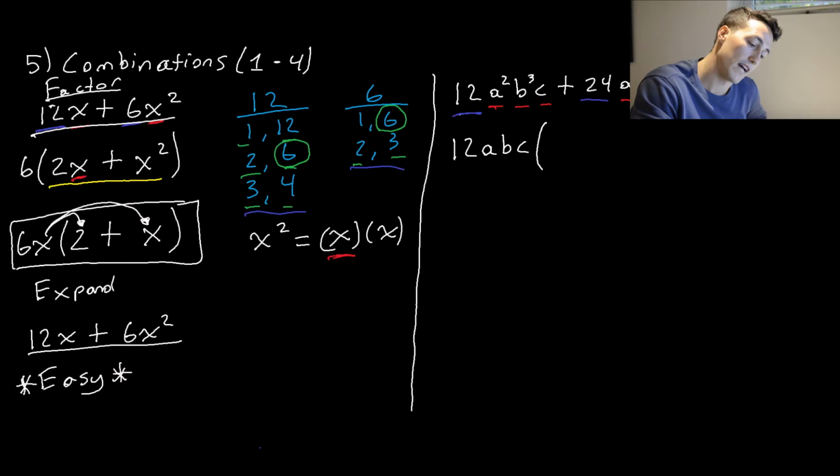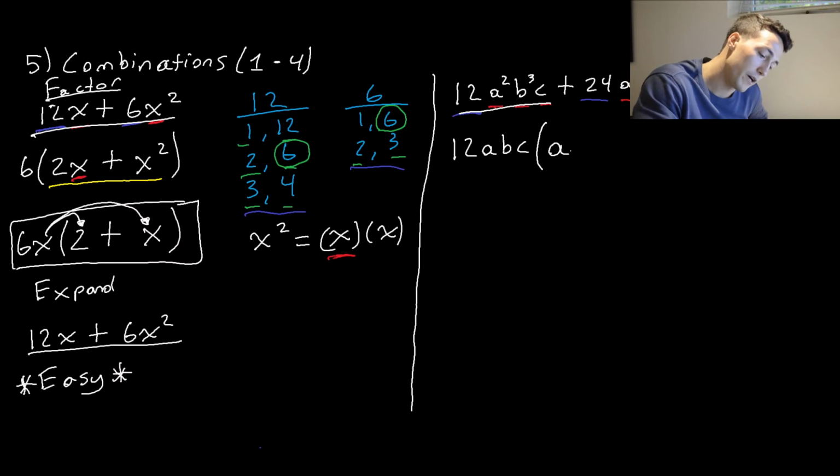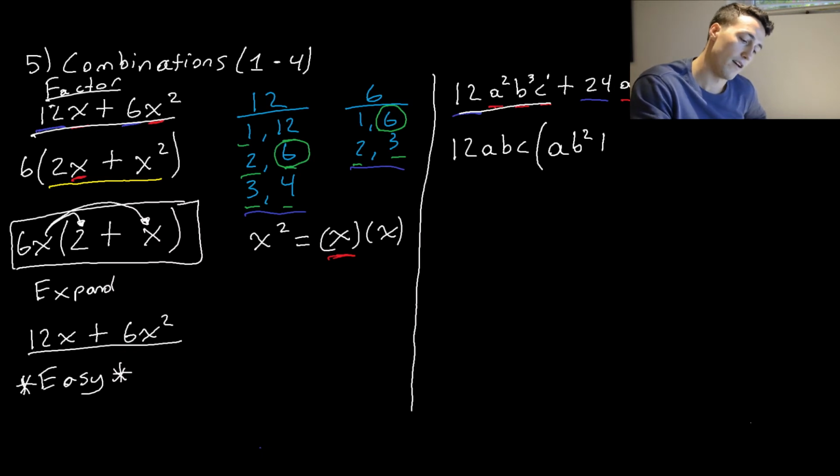So now, we need to expand this in to get this product. Working backwards, we have an a term here, because a times a is going to equal a squared, and then a b squared term, because b times b squared is going to be b cubed, and that c term, well, we already factored that out, so we actually don't need to write that c term, because it's just c to the power of 1. You can write c to the power of 1, if that makes it easier. Next, we're going to do a plus, and then 12 times something is 24, so that something is 2.